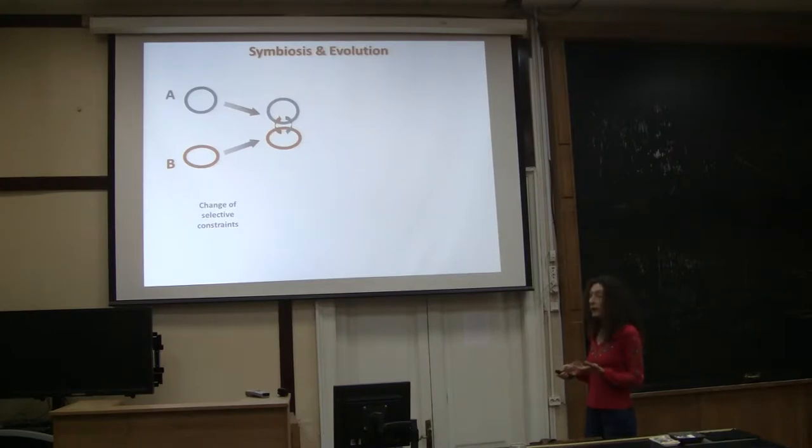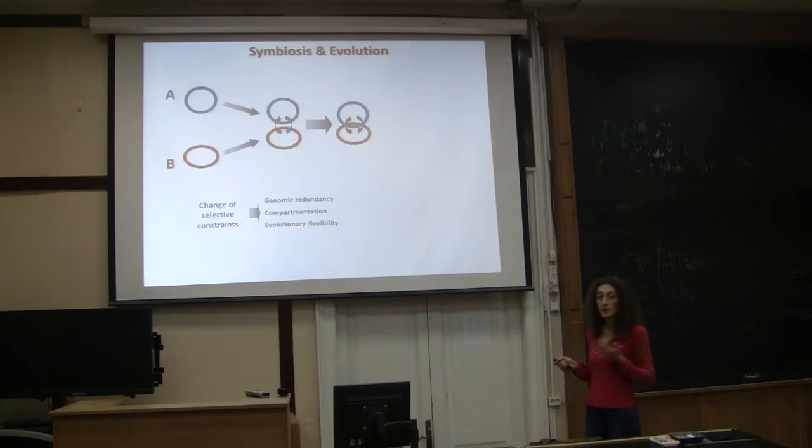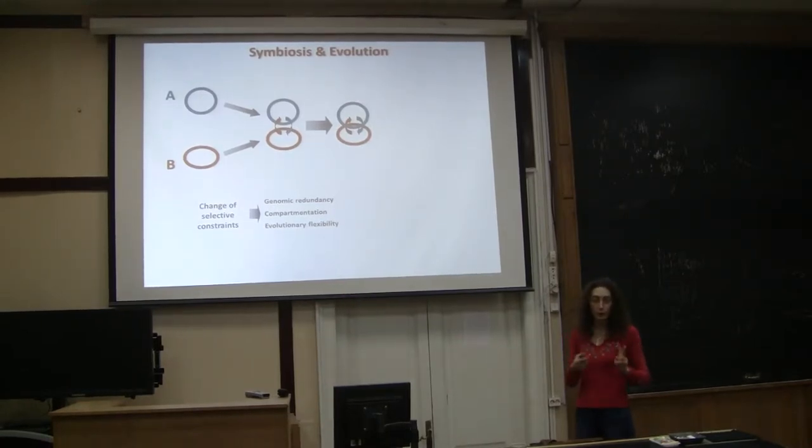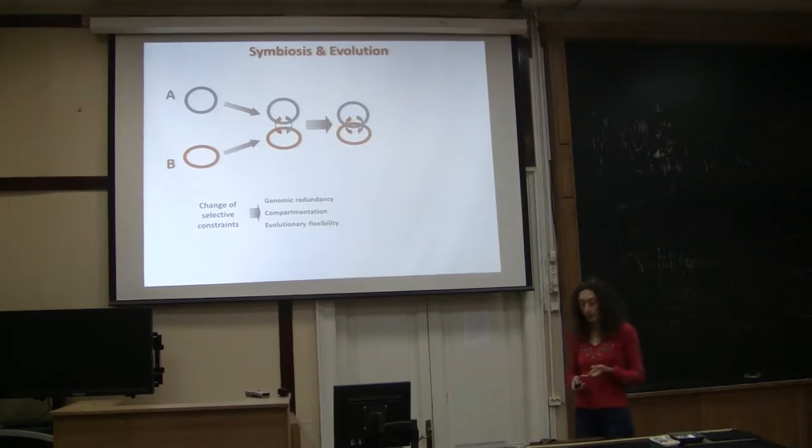And when you have an obligatory symbiosis, this implies that there is, among other things, gene and genome redundancy, that you have genes that encode the same type of function in duplicate, and then many things can happen. So maybe one of the genes can be lost because you just need one to perform that function, but you can also keep one gene as a backup copy that is functional and working, and the other one can be relieved of selective constraints, increase its evolutionary rate and evolve new functions.